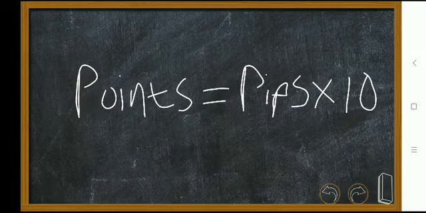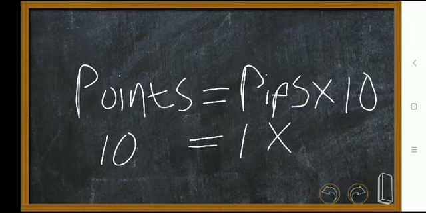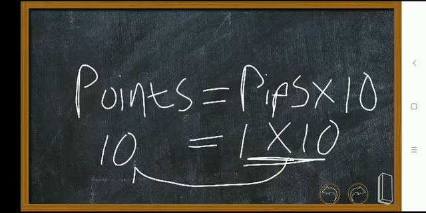That means if you have 10 points, that will be 1 pip multiplied by 10. This entire thing will give you this. Hope I'm making sense.